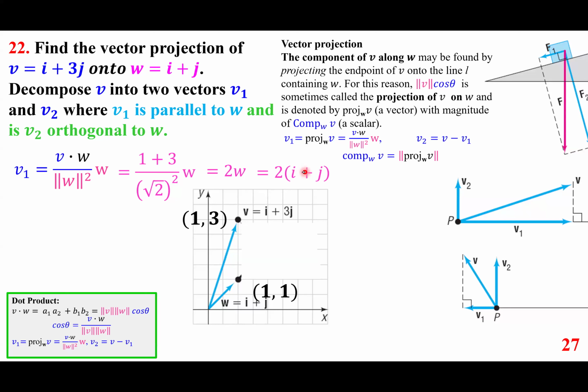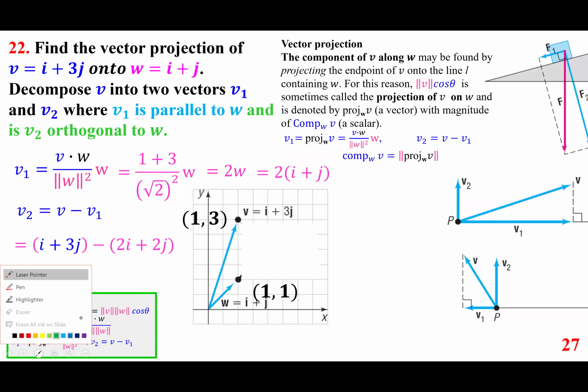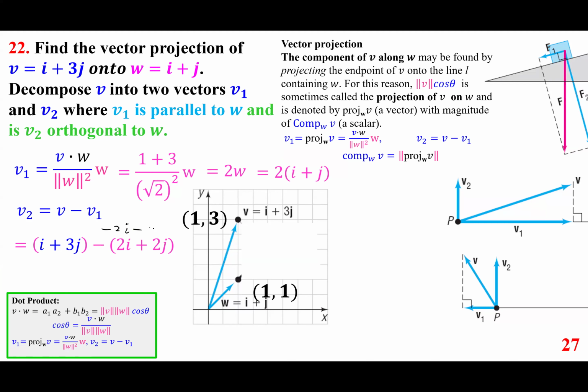Now, V2 is V minus V1. So this one, subtract this, which means minus 2i minus 2j.